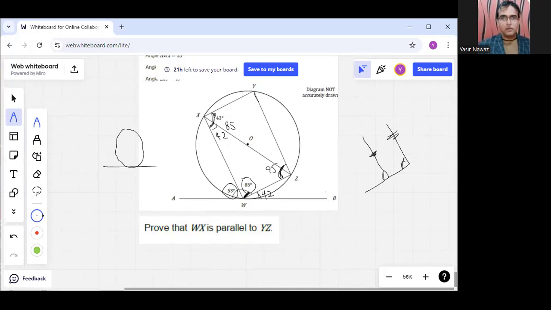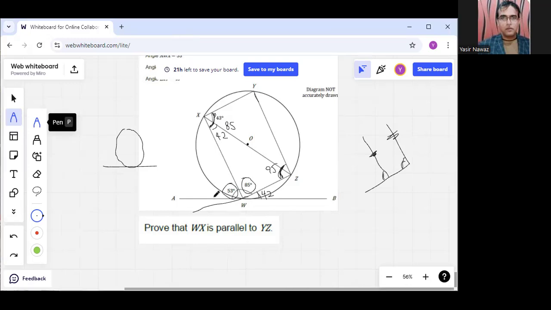If I extend this line, one angle is 85, another 53. So this whole angle would be 180. So I subtract these two from 180. 85 plus 53, so from 180, it's 42.